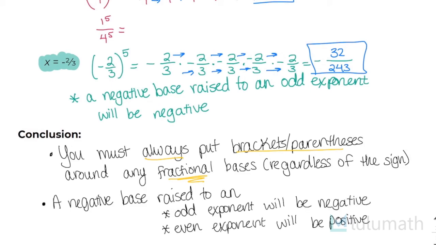And just like we discussed in our last video, this conclusion has not changed. A negative base, regardless of whether it is an integer or a fraction, raised to an odd exponent will be negative, and raised to an even exponent will be positive, because the rules for multiplying negatives don't change depending on whether we have an integer or a fraction. They're still exactly the same.